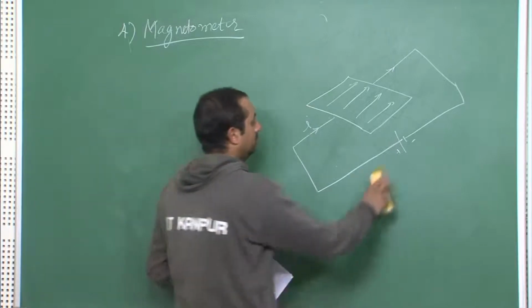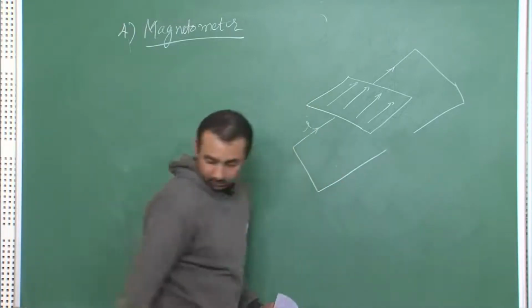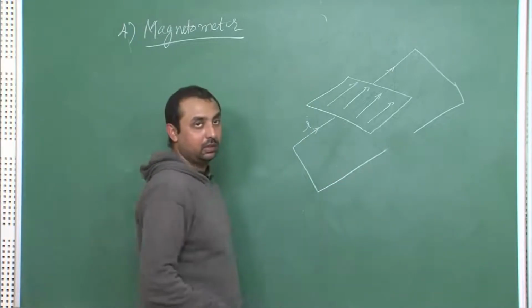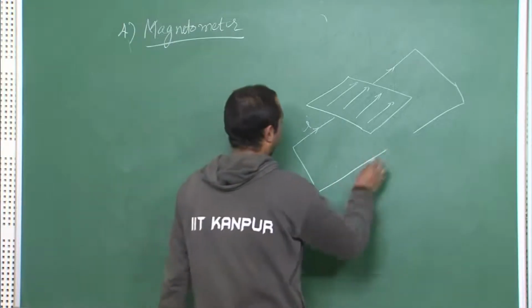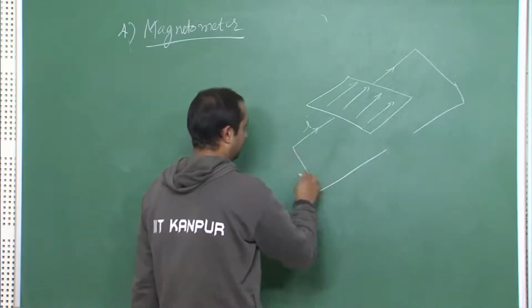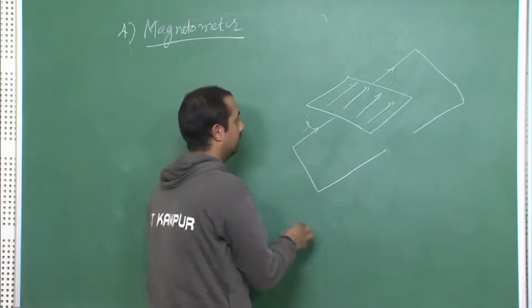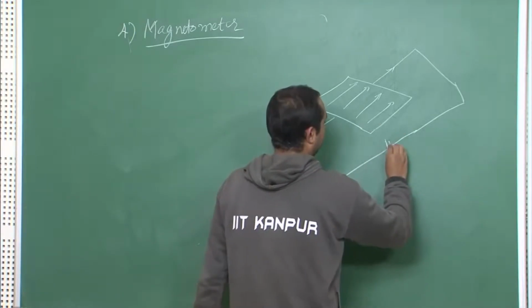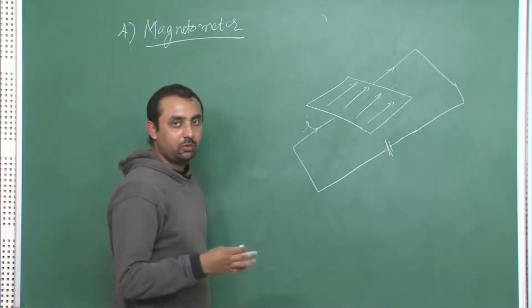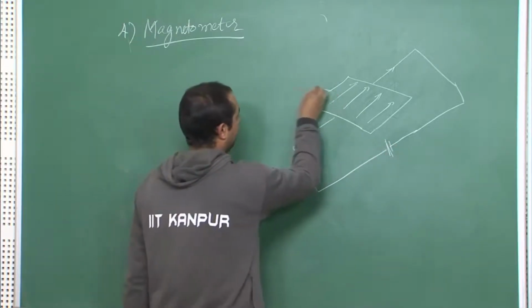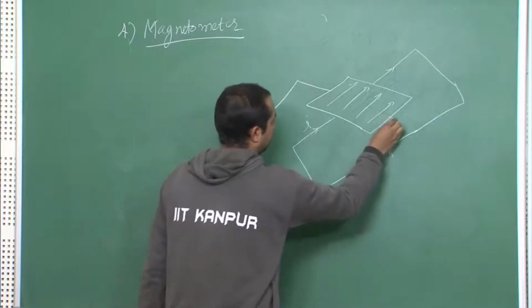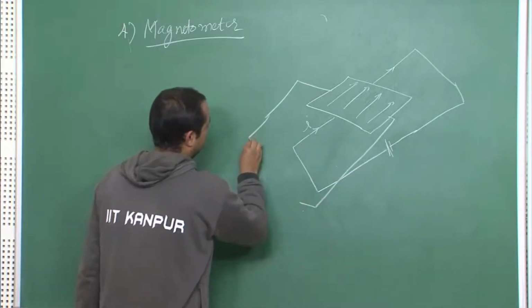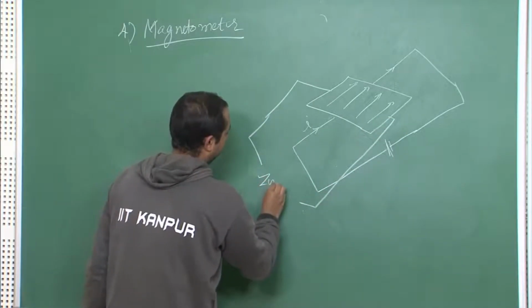But as you know, if there is no magnetic field in this conductor and I am giving a constant current to this particular conductor, if I measure potential of this particular surface, it will be 0.